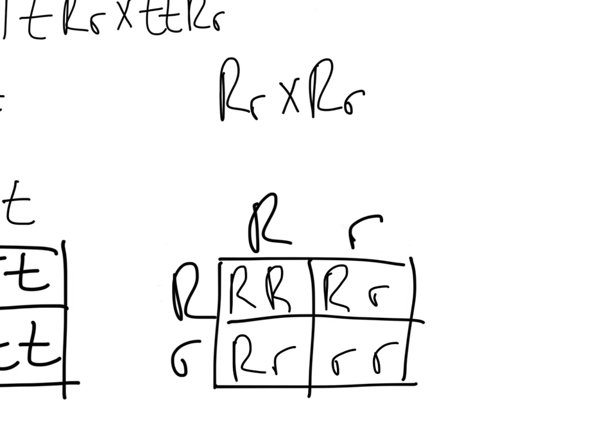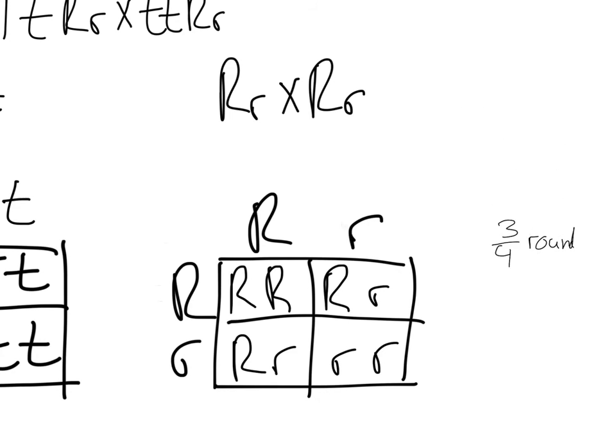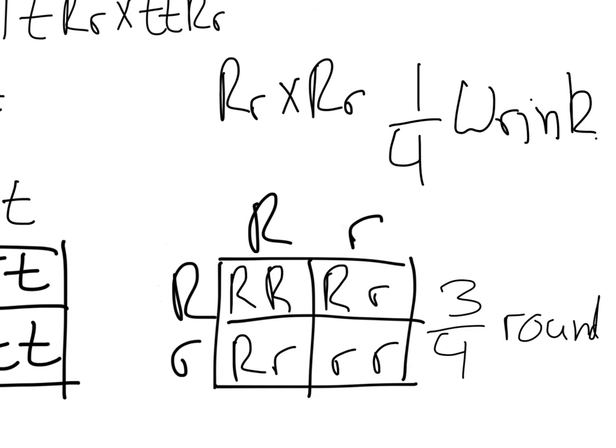And so now if we look at which ones are going to be round versus wrinkled, we're going to have 1, 2, 3 round, 1 wrinkled, which means 3/4 round, 1/4 wrinkled.